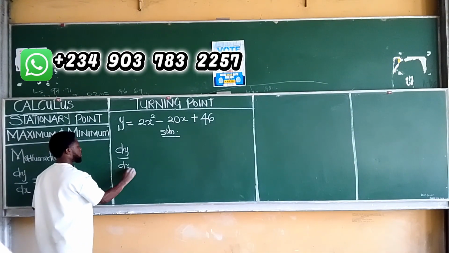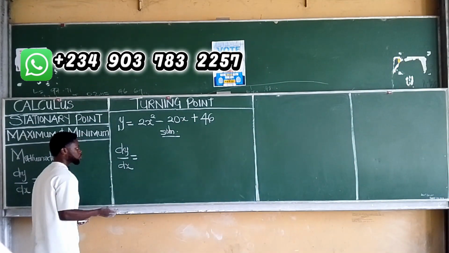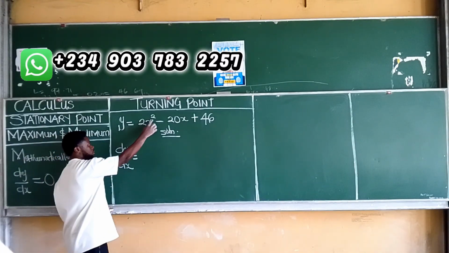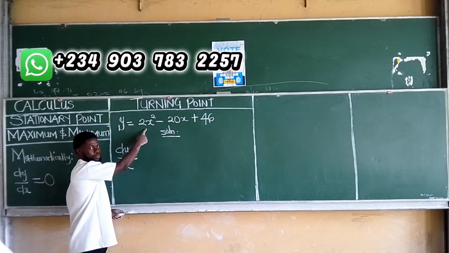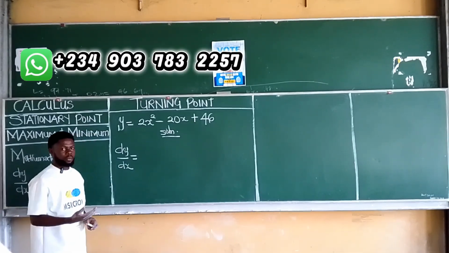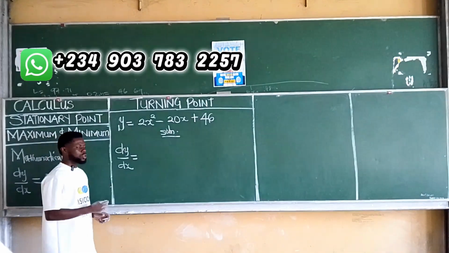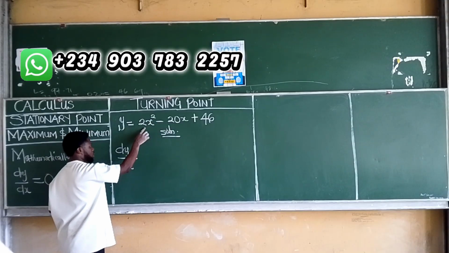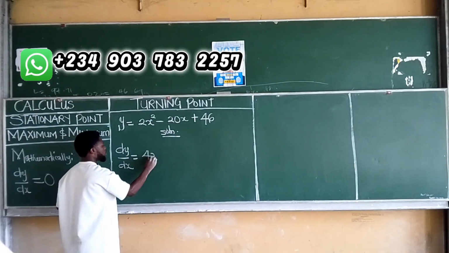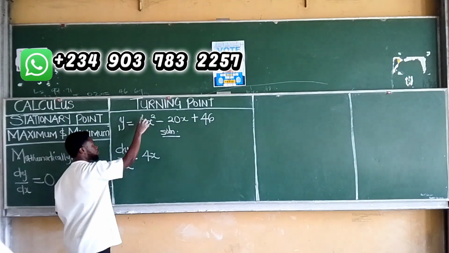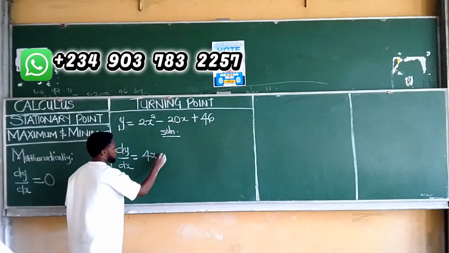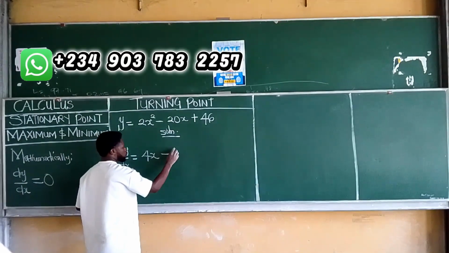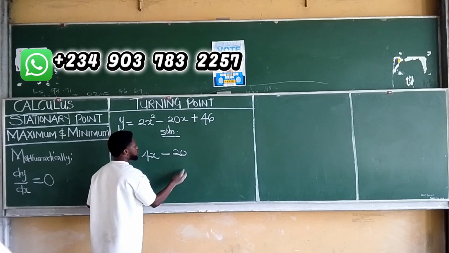over dx is equal to, the concept of differentiation is that this times the term. Always multiply the power by the entire term, then subtract 1 from the power. So if I multiply 2 by this, I will have 4x. Then subtract 1 from the power, which is 1, minus the same over here, which will give 20.